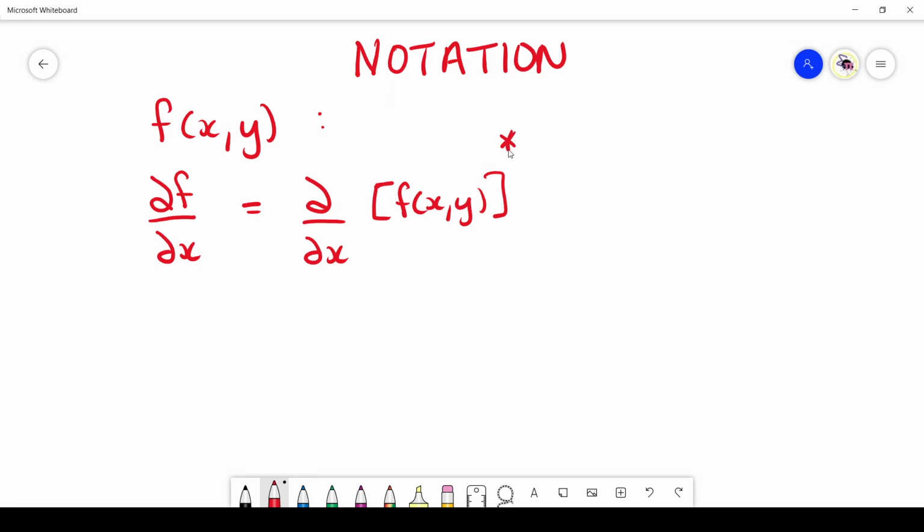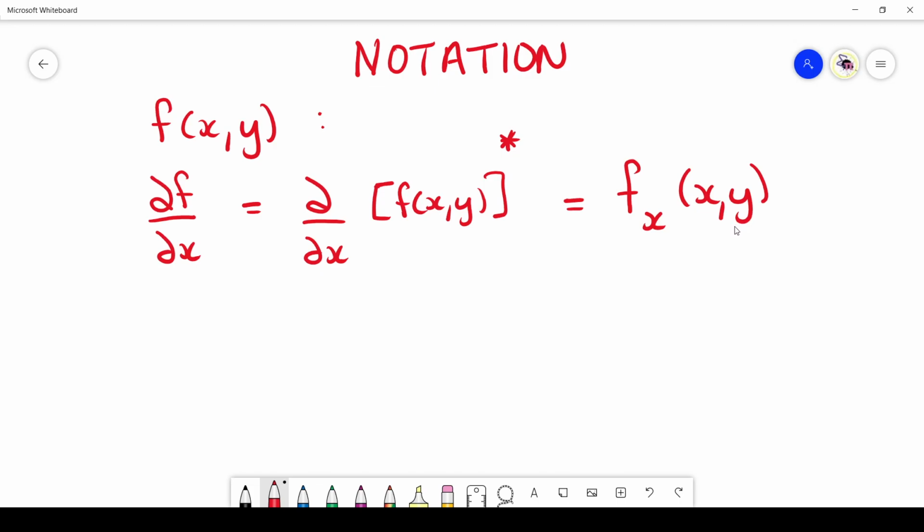This one is seen more likely in textbooks rather than written solutions because it's a longer notation. Also, another way they can write this is by having a subscript. Here's the function f, and if they wanted to differentiate it with respect to x, they just write a little subscript x. And then after, they continue to follow up with the variables present in that function.